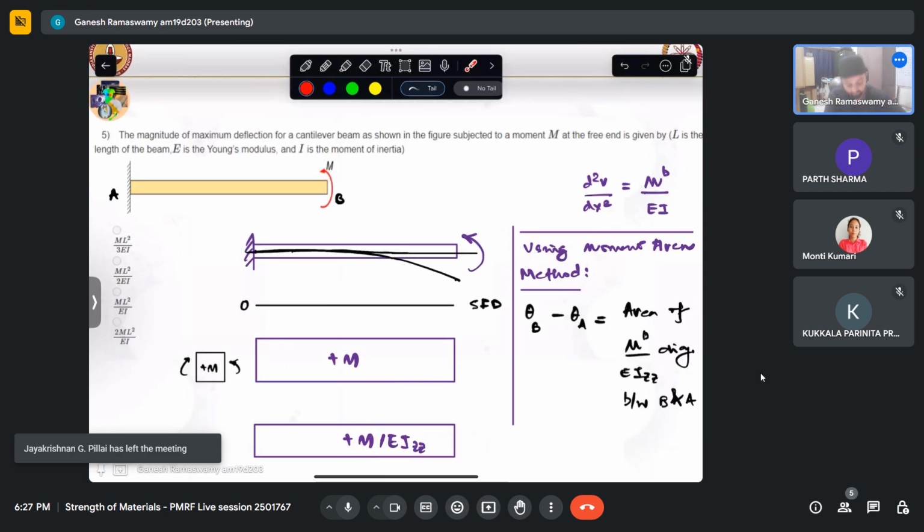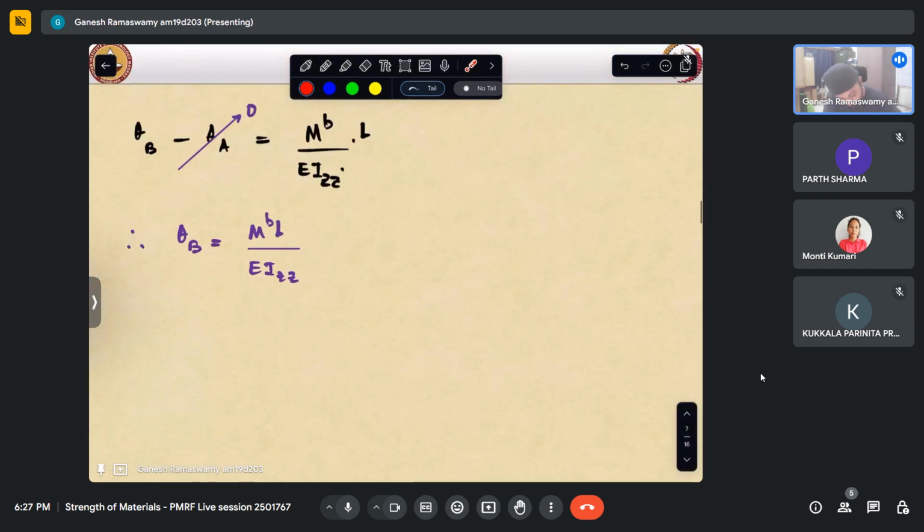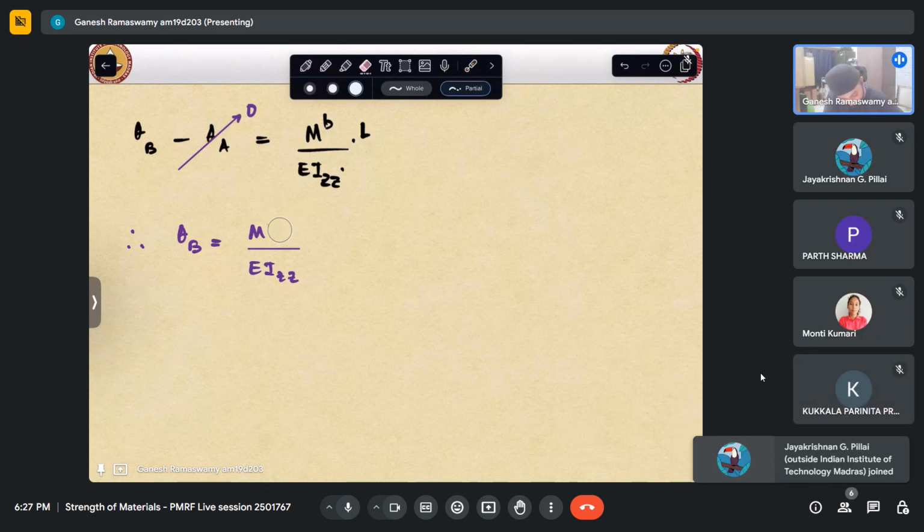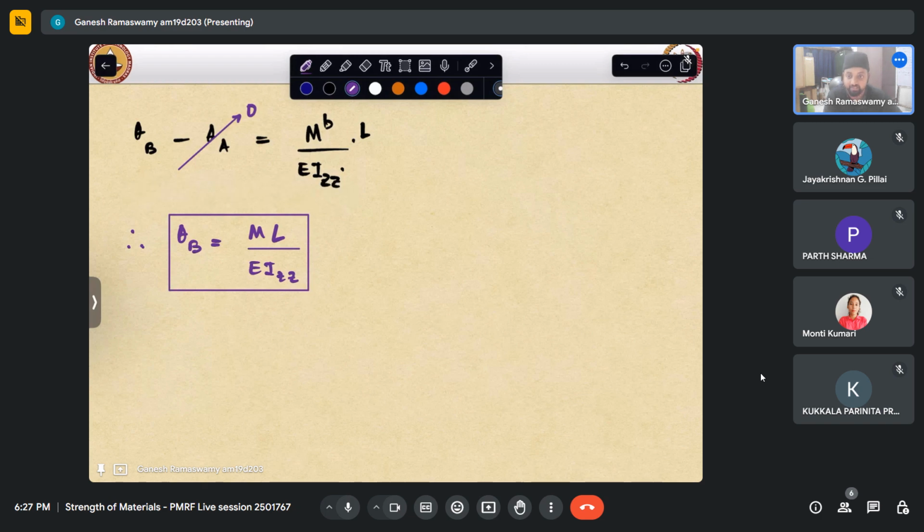So we may well drop that superscript there. So this is ML by EIZZ. So we have the slope at the free end of the loaded cantilever.